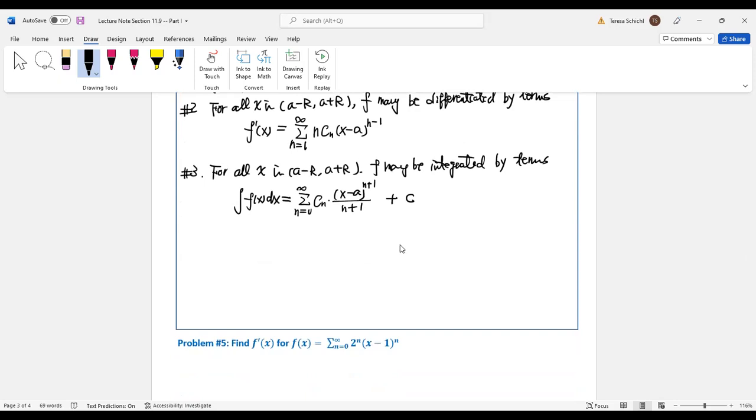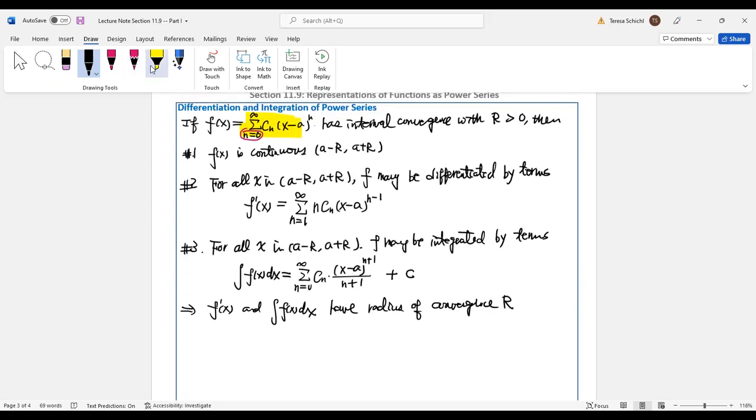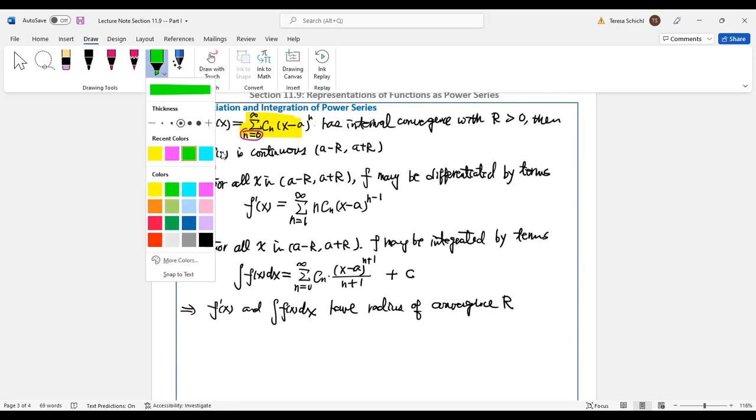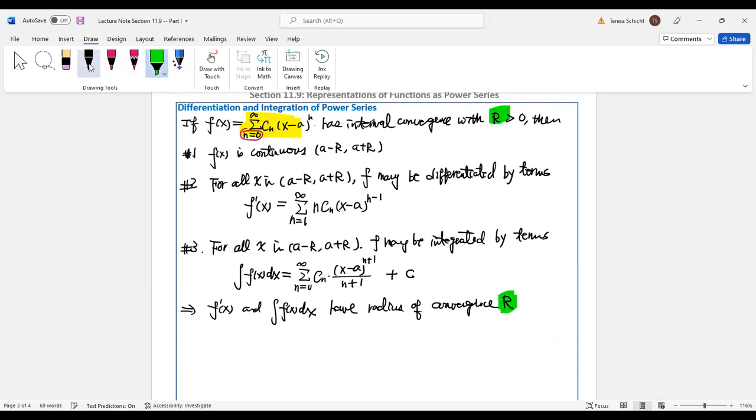The only thing we need to be very careful about is that both the derivative and the integration have the same radius of convergence R as the original function.